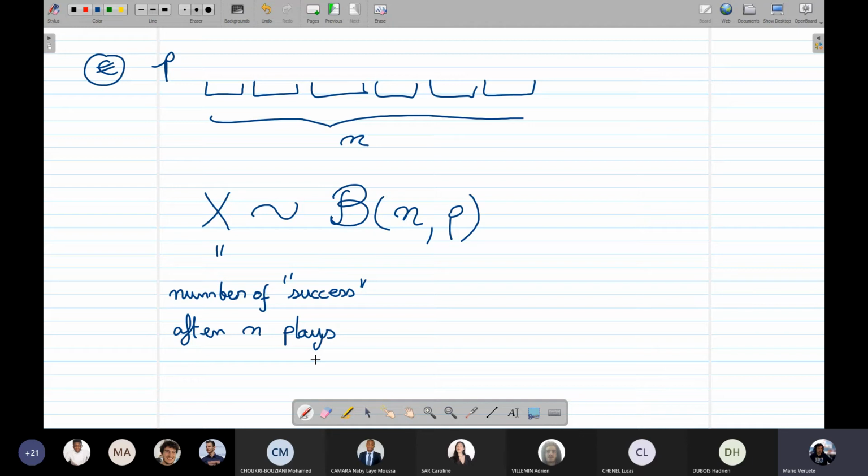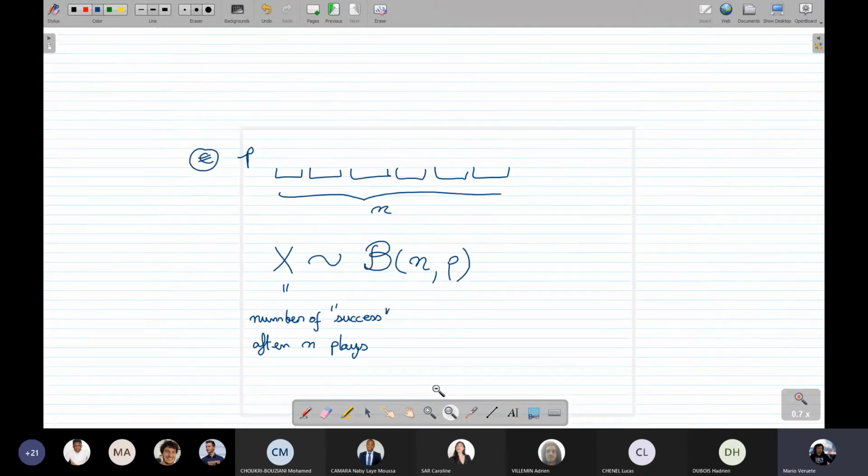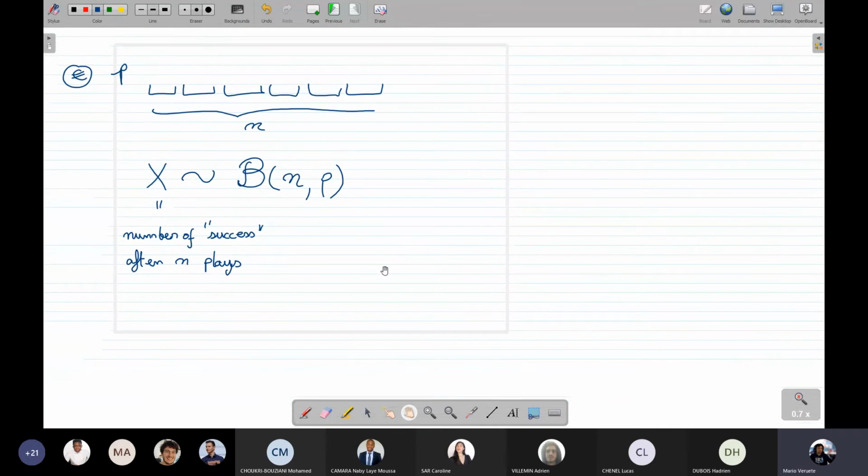Now we want to know what's the law of this variable X. So what do we have to know? Again, as before, we have to know the entries of this table.